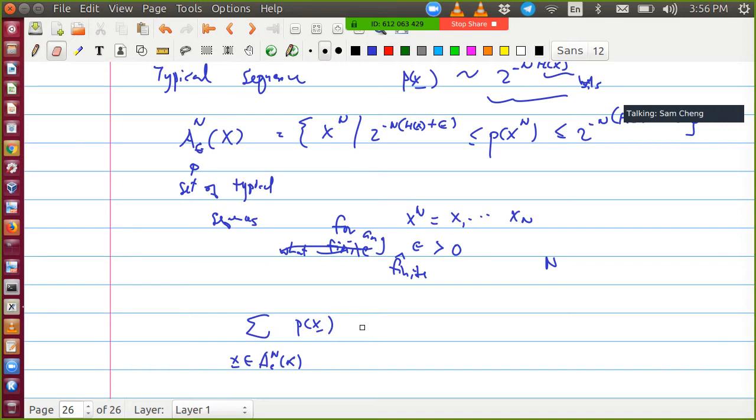yes. What is the correlation between typical sequence and set of typical sequence? Mean that that's probability, and this will be less than this one probability, and this is n.